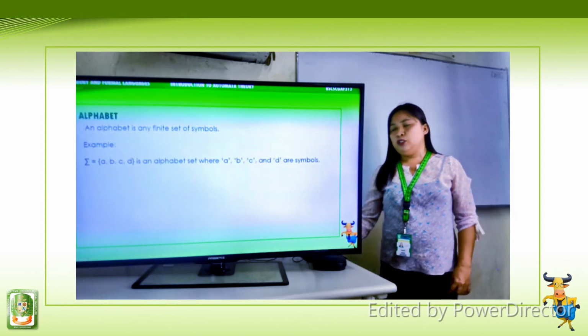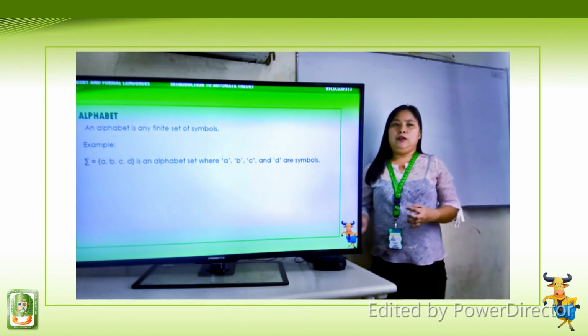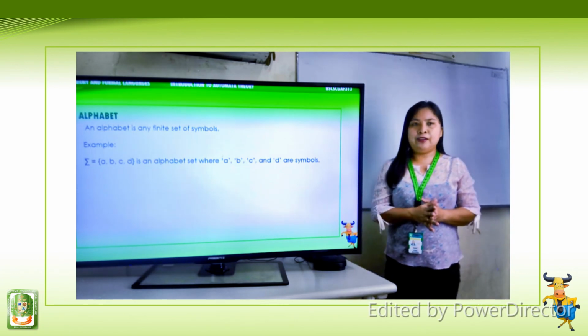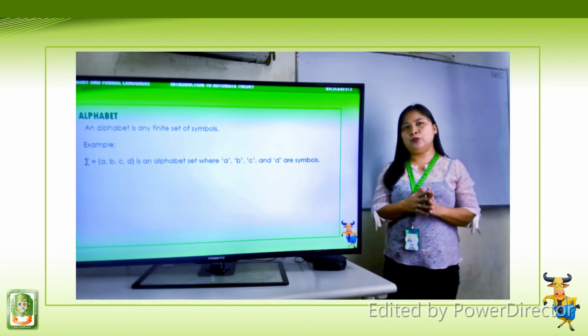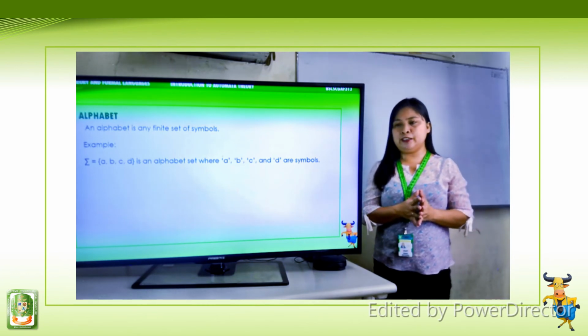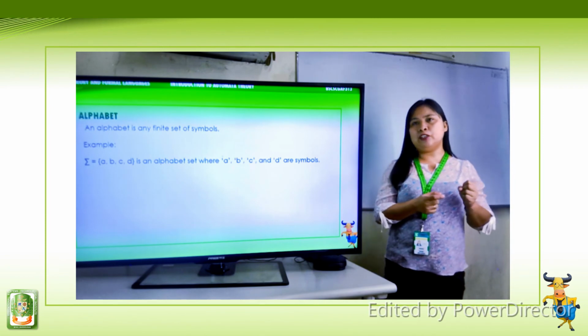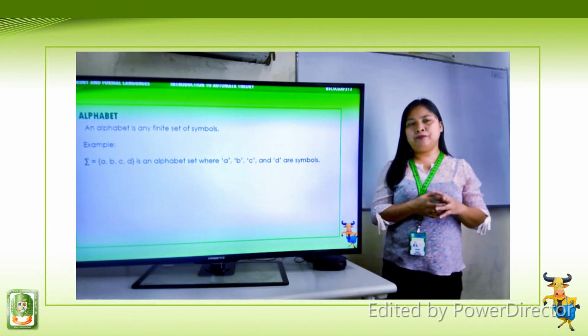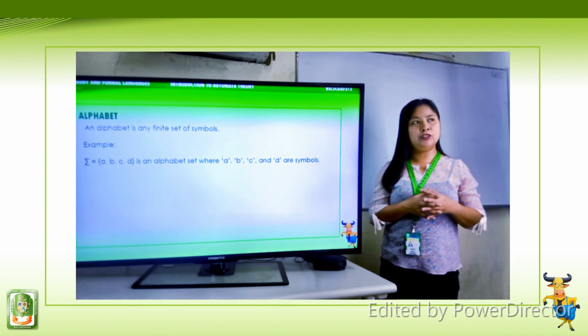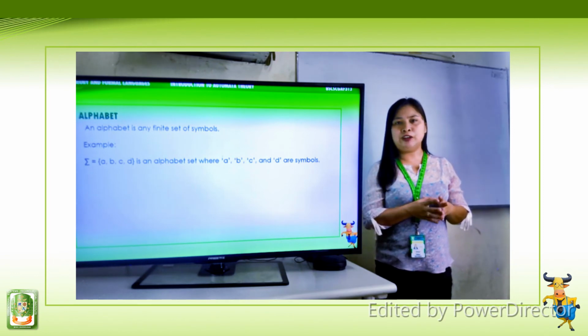Okay. So as a review, an alphabet is a definite set of symbols. We have already studied this in our subjects when we were in second year, in discrete structures and design and analysis of algorithms.